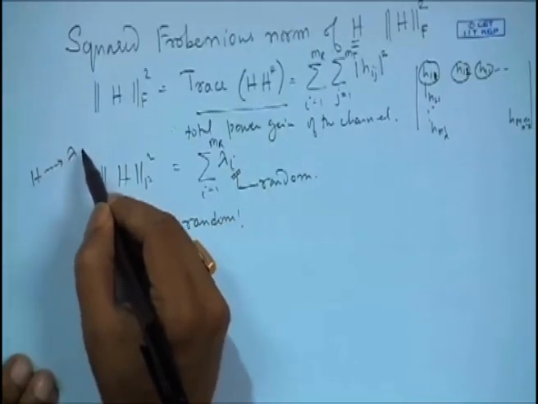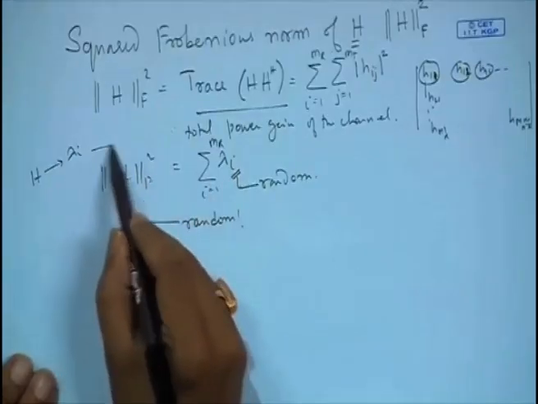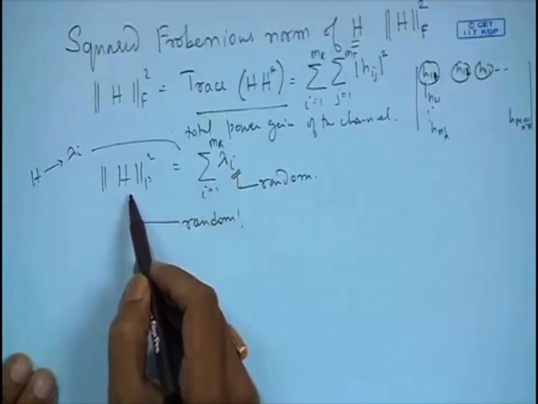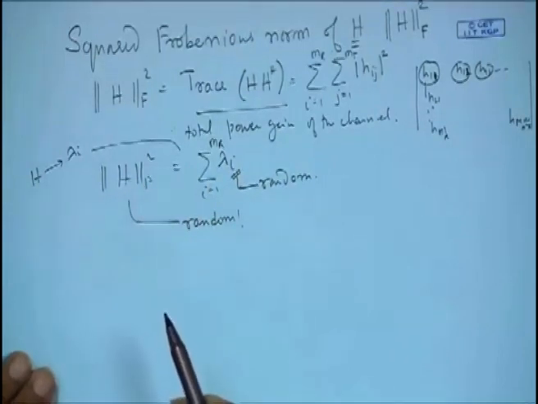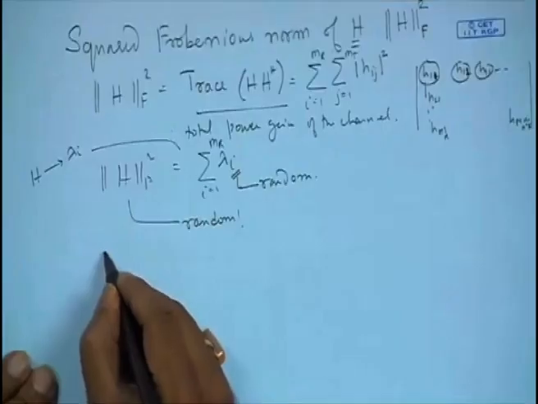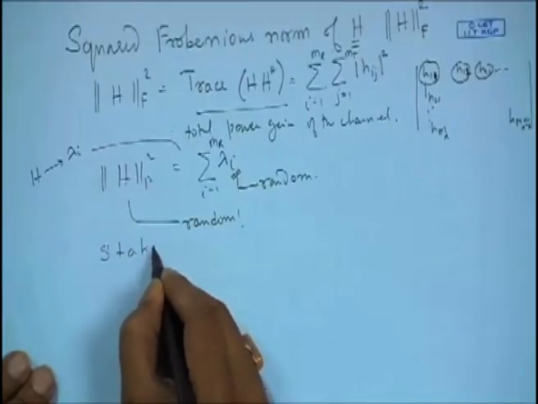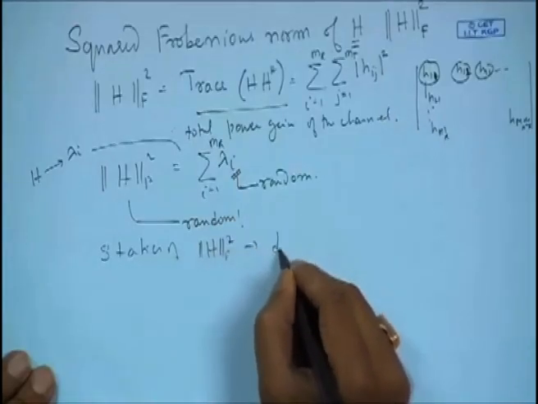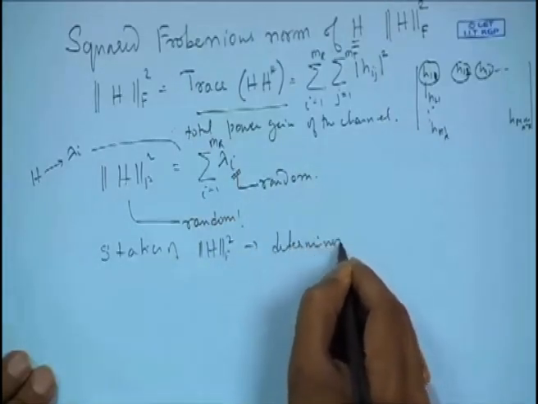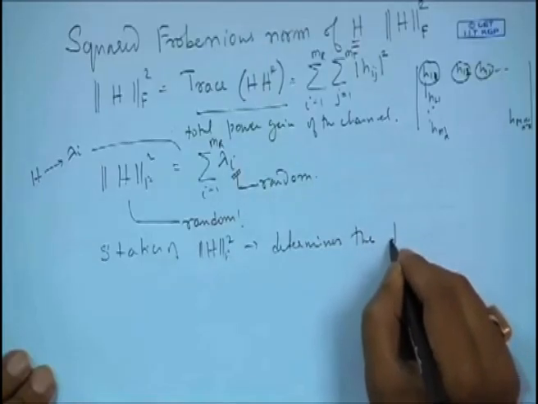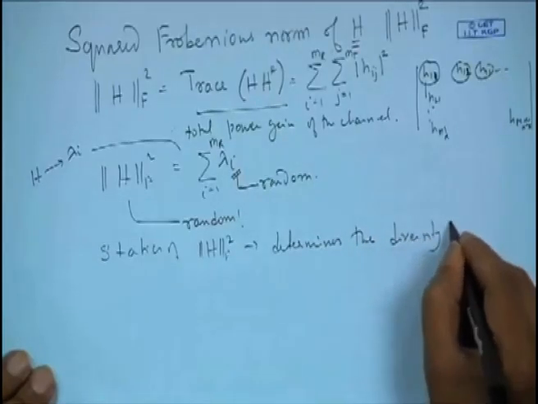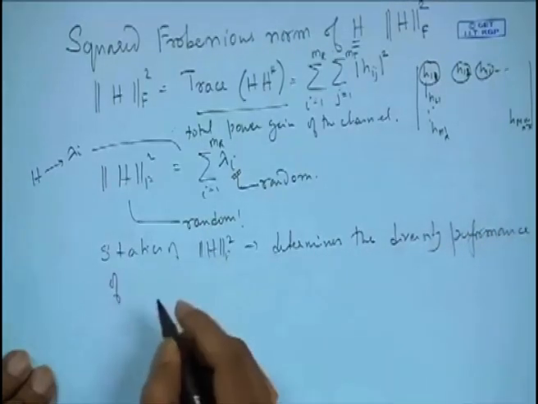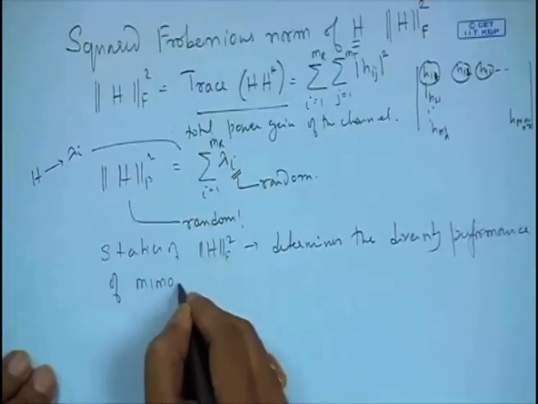H leads to lambda i's being random. If lambda i's are random, this whole sum is random. So this is also a random variable, and the statistics of the squared Frobenius norm determine the diversity performance of MIMO systems. We will see how.